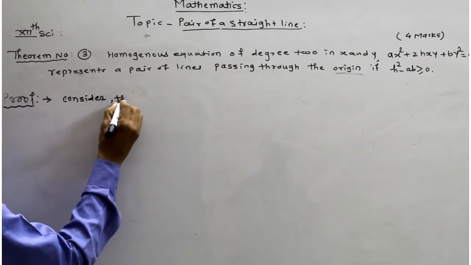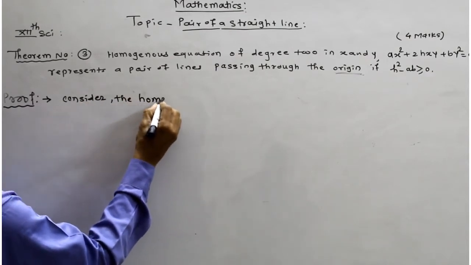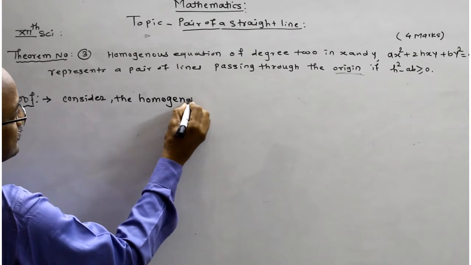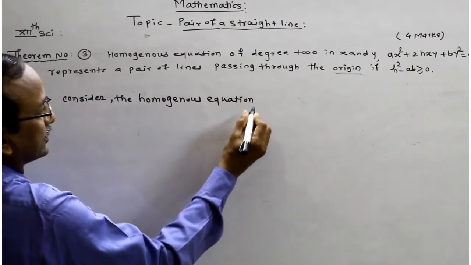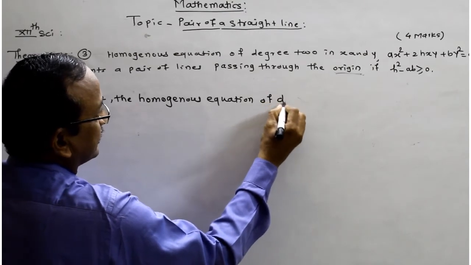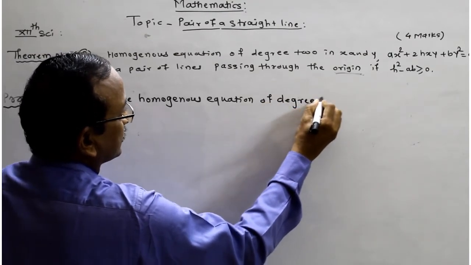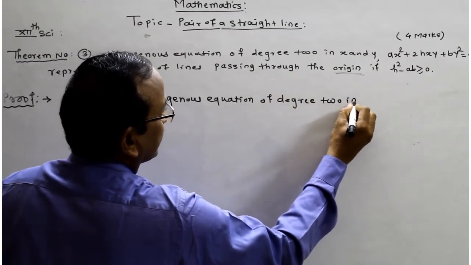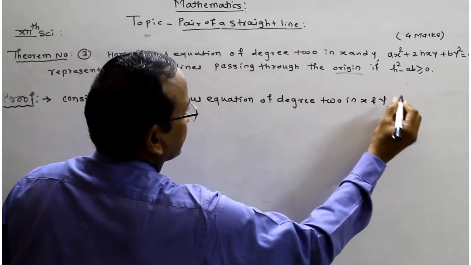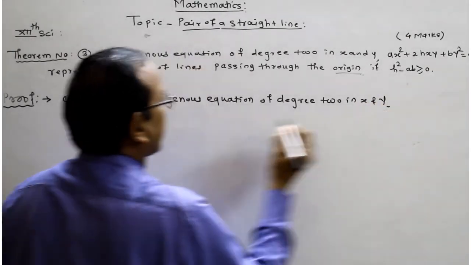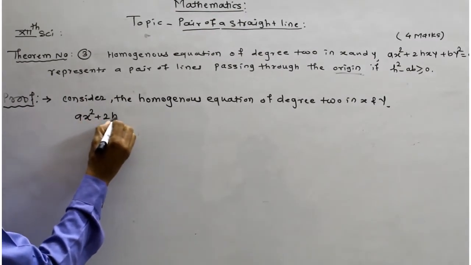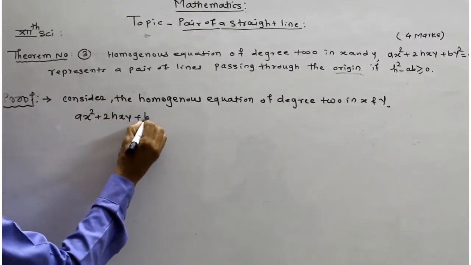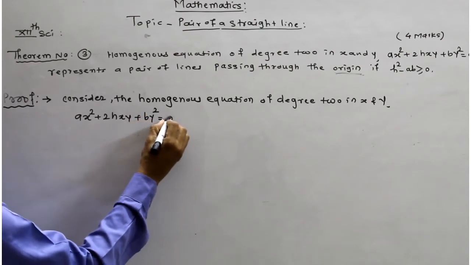Proof. Consider the homogeneous equation of degree 2 in x and y, that is ax square plus 2 times hxy plus by square is equals to 0.